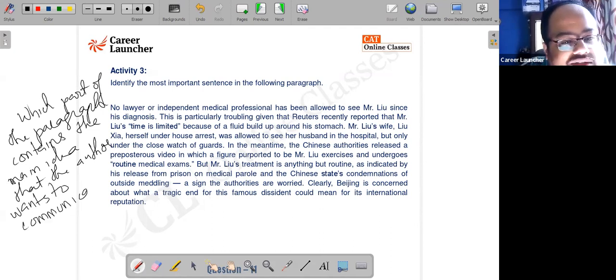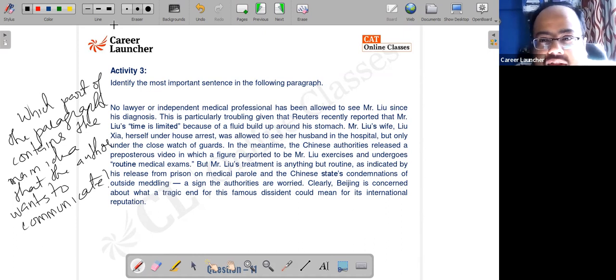That is the question here. Which part of the paragraph contains the main idea that the author wants to communicate? Is it the first part, the center part, or the last part? Read it, understand it, and type in the answer in the chat box.